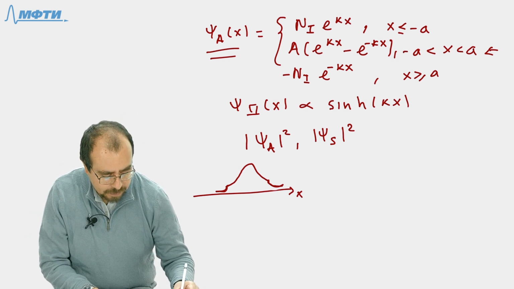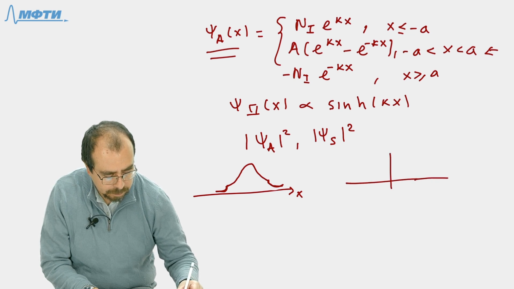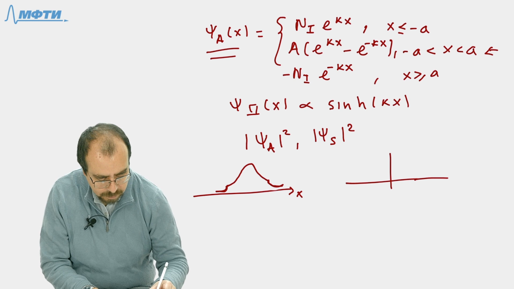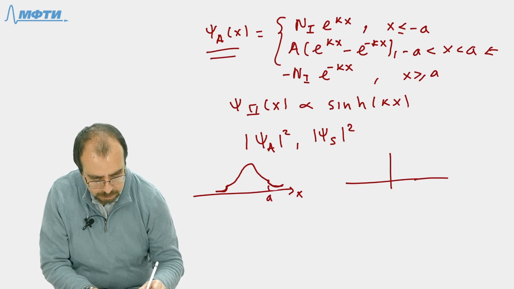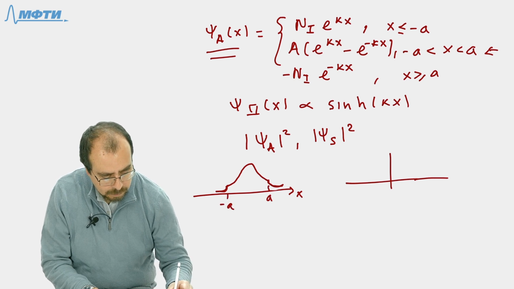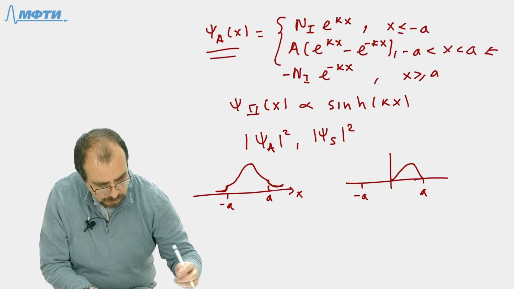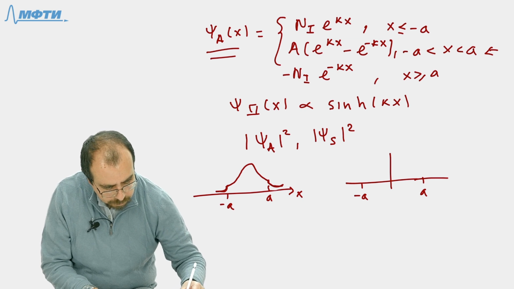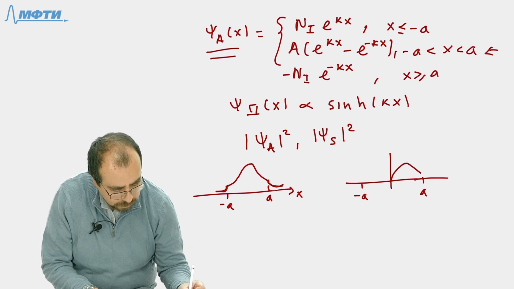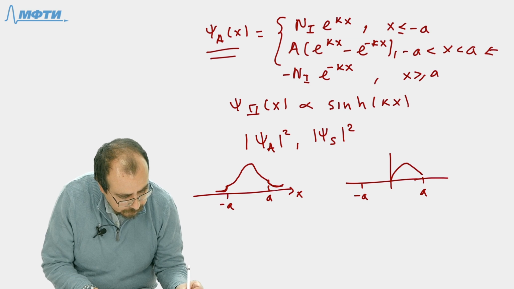And in the antisymmetrical case, you should have something like this. Here is A and minus A, by the way. You will have something like this, and here a discontinuity in the derivative.